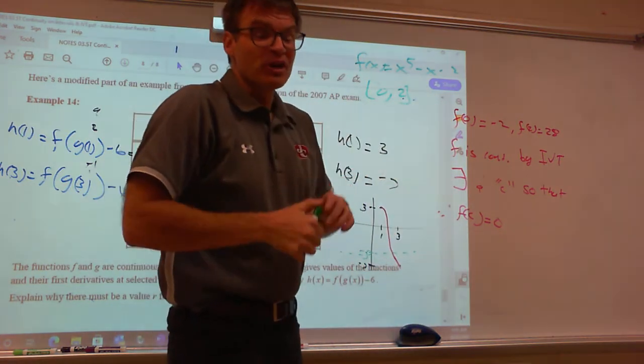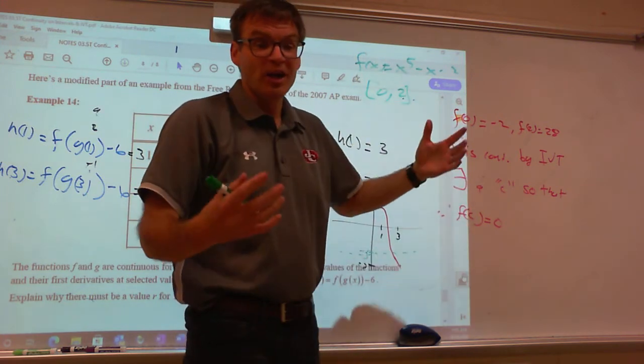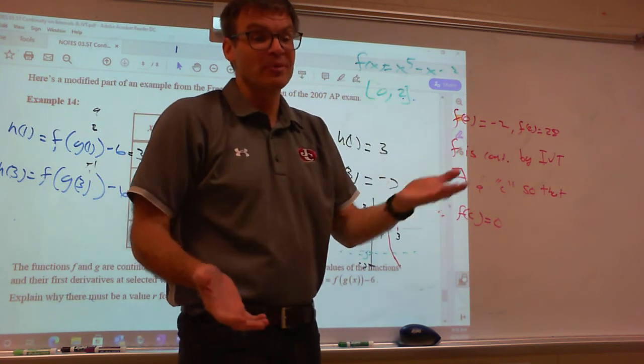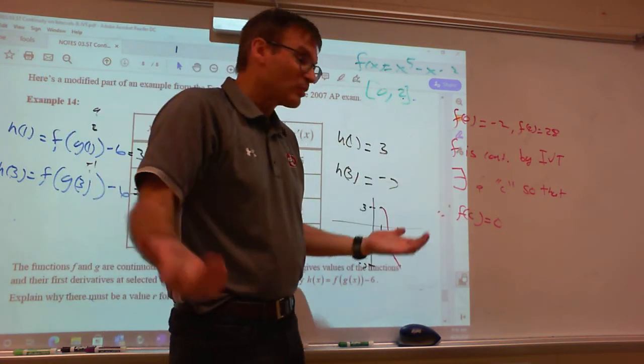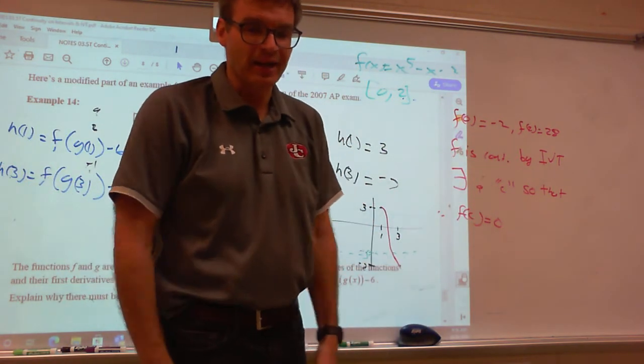And they'll say, show that it crosses the x-axis. So you plug 0 in, you get a number. You plug 2 in, you get a number. You want to make sure one's positive, one's negative, and then you can say by the intermediate value theorem it has to cross. If something's continuous, basically you're connecting the dots.